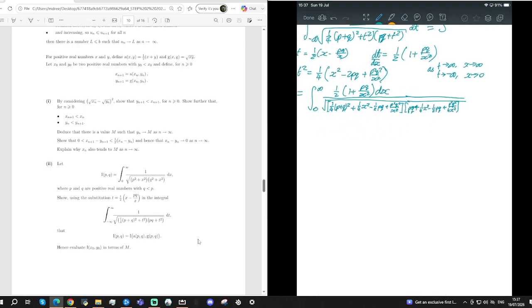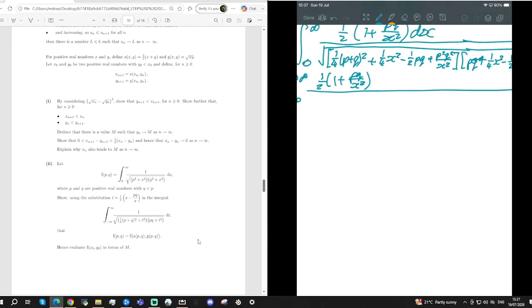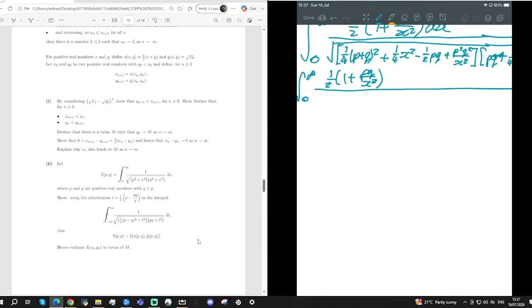So now we just need to manipulate and hope. So this is now still the integral between 0 and infinity. The numerator I don't think I want to touch just yet. Now the denominator. These brackets we're going to have to hope do something magical. So it's all under a square root. Slightly worrying that the x squareds aren't just immediately going to disappear.